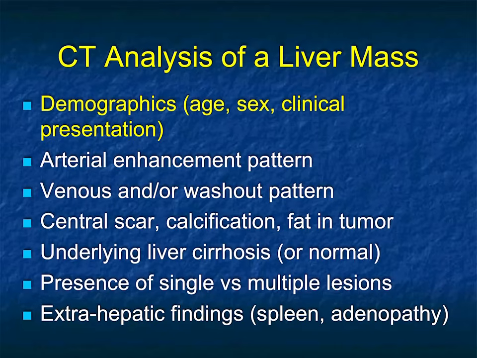What's the clinical presentation? Is it fever? Is it abdominal pain? Is it extrahepatic findings? Is it a lung nodule? Is it an adrenal mass? What else is going on? And what's the sex of the patient? Certain lesions, hepatic adenomas, for example, are typically much more common in females. So again, that can be very helpful.